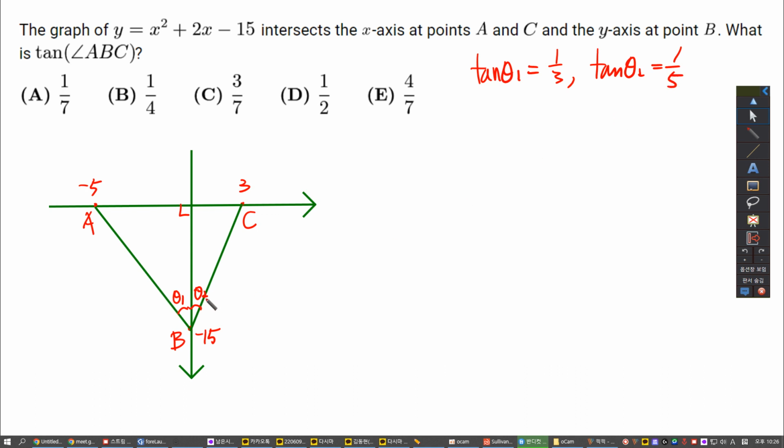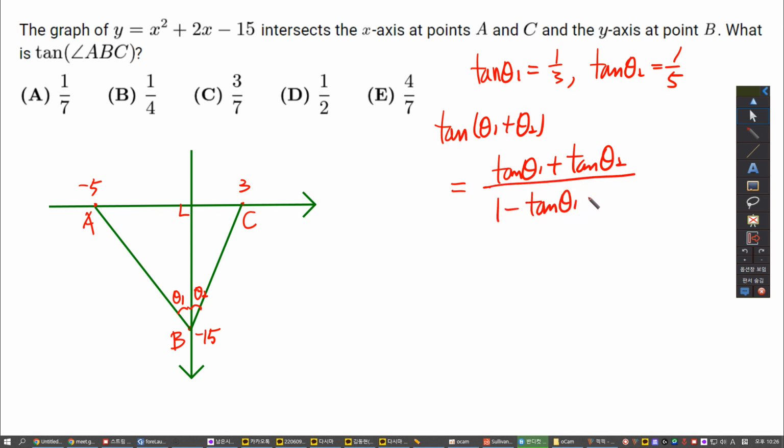And we actually want to find the tangent of theta 1 plus theta 2. So I'm going to use a formula for this. It looks like this for the addition of tangents.